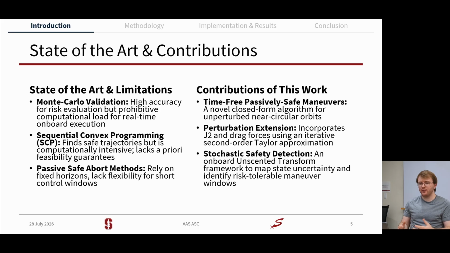To respond to problems, there are several methods, including onboard sequential convex programming approaches. These give you the ability to generate trajectories on board, but again, there's a significant computational burden as well as a lack of guarantee of feasibility of a solution. You are a bit relying on a black box process.